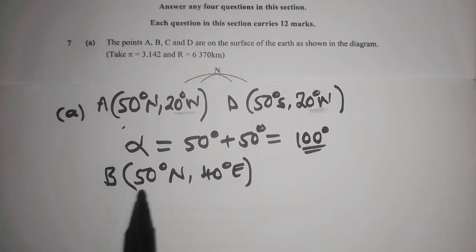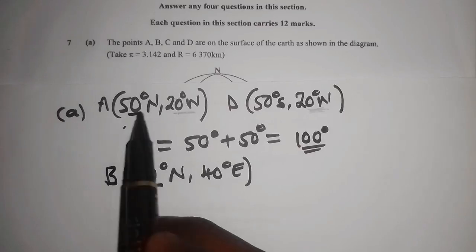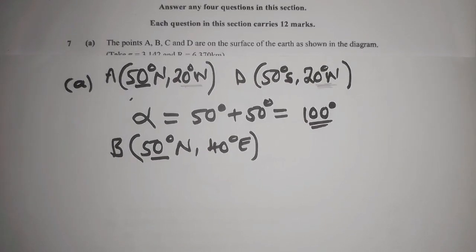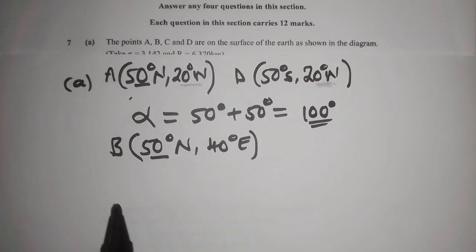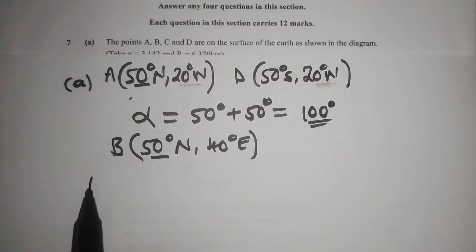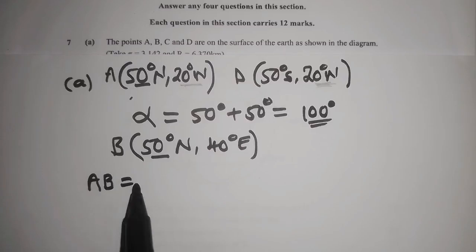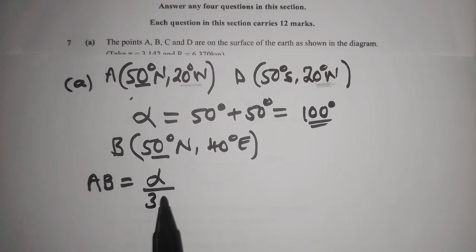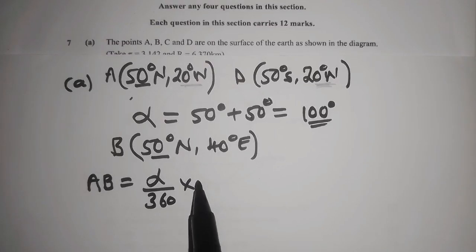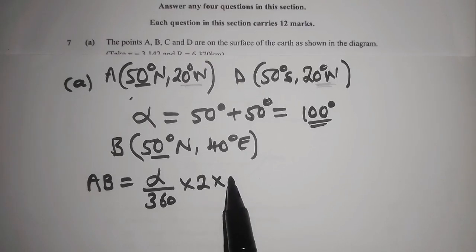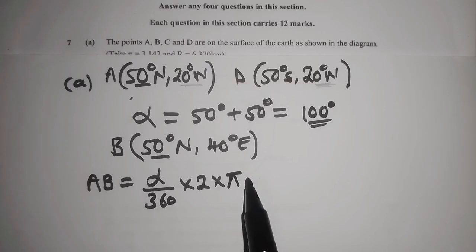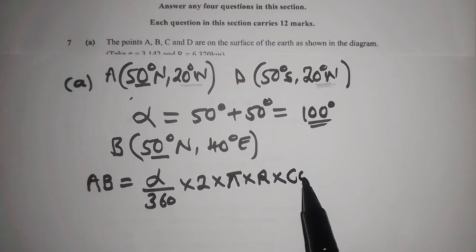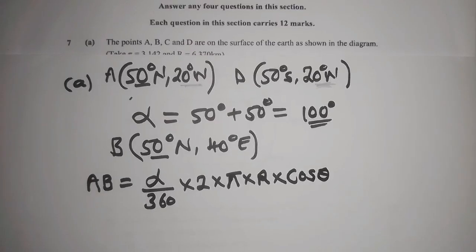When you look at A and B, they are in the same latitude, so you are finding the distance along the same latitude. This is the formula: distance AB equals alpha over 360 multiplied by 2 times pi times r, times cos theta.